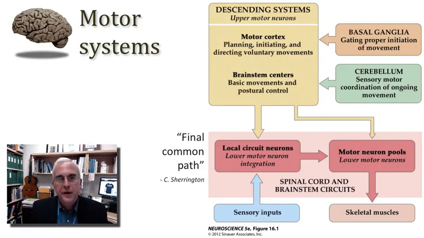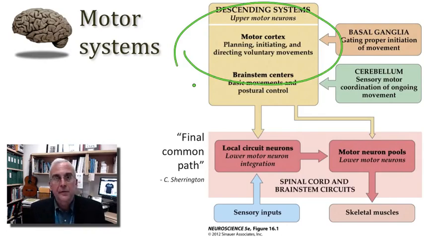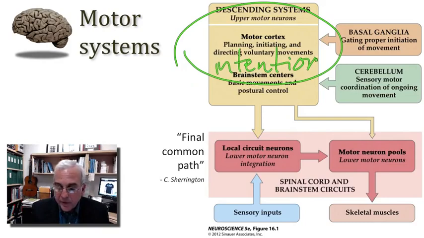So to me, what this phrase final common path implies is that it's up to the lower motor circuits to actually implement the movement. And one theme that I'd like to share with you is that what's really going on, especially at the level of motor cortex, is not micromanagement of movement, but rather the encoding of movement intention. And so this will be a theme that I hope to elaborate as we progress through this tutorial.